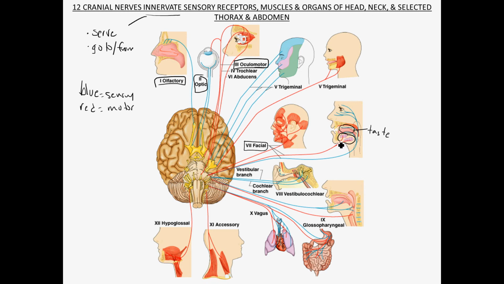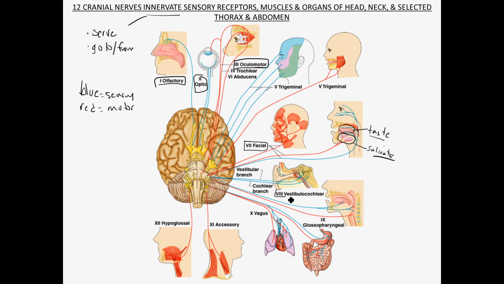So the motor part here, and this makes sense, right? If you were tasting something, then the response would be to salivate and help you to break down that food and get it moist, ready to swallow. So that is number 7, facial nerve.